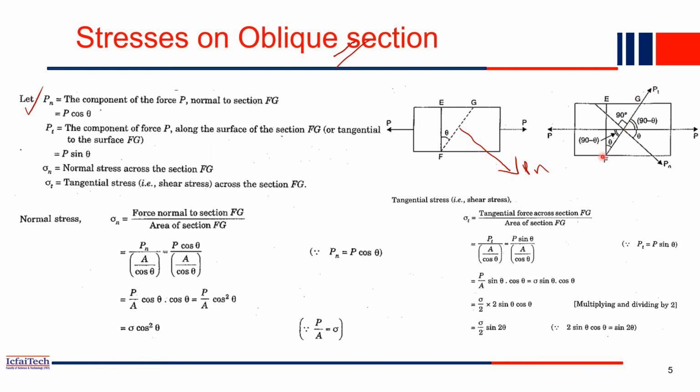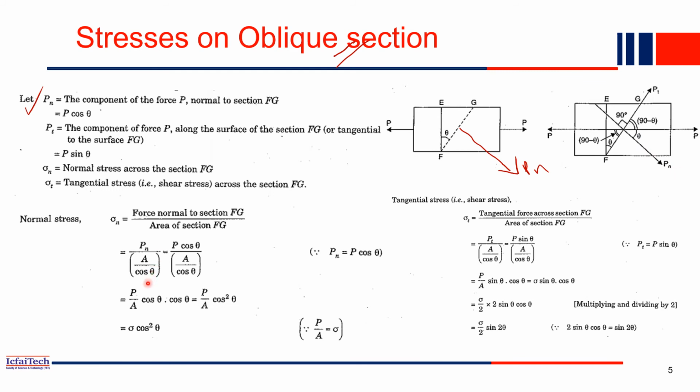So now how much is the normal stress in this section? Normal stress sigma is equal to the normal force in this section, which is Pn, by the cross-sectional area. So that's what we did. The area in the last slide we calculated: A by cos theta is the cross-sectional area of this section, and this force is Pn.